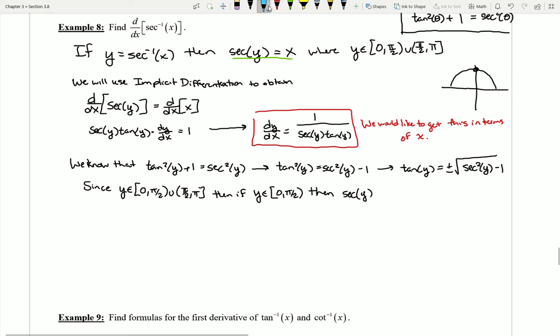If I look at those points, the secant here would end up positive, because the secant represents 1 over the cosine value.